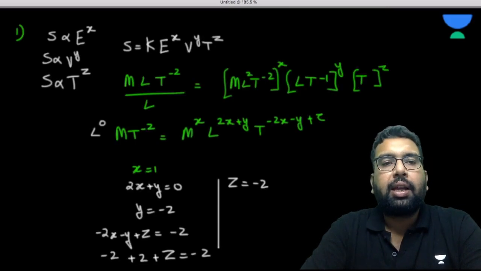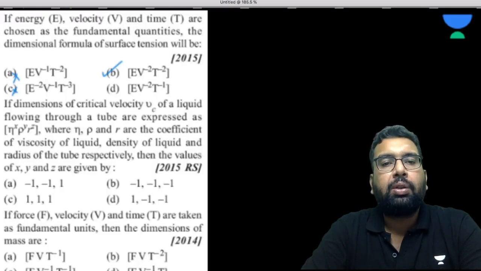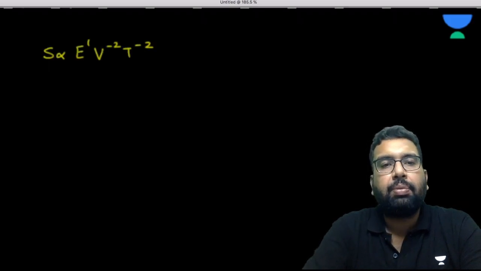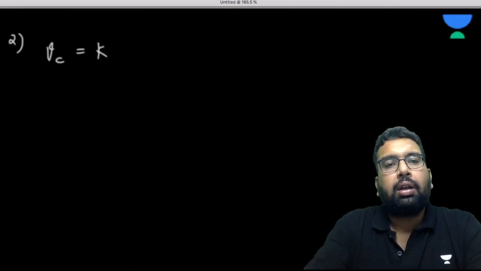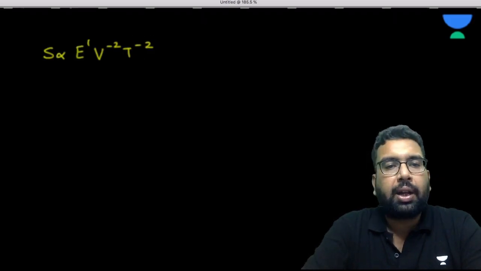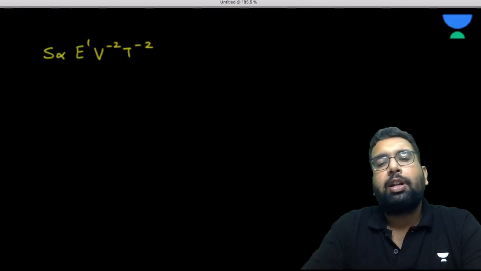So here what it is said, question number 2 of this. Critical velocity is given as a function of, so can I write k times eta to the power x, rho to the power y, what else is given? r to the power z.